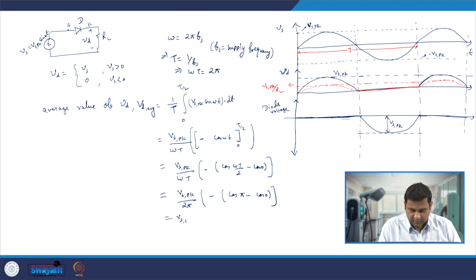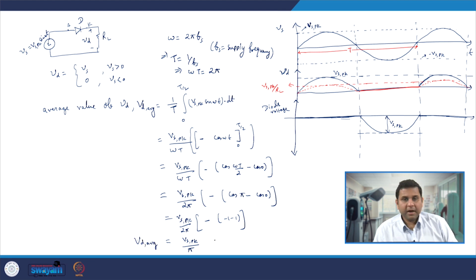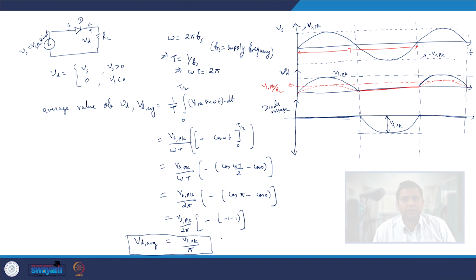This will be Vs peak by 2 pi times minus 1 minus 1, and that will be your Vs peak by pi. So this will be your Vd average, which will be applied across the load RL, and accordingly the current will be drawn by the load.